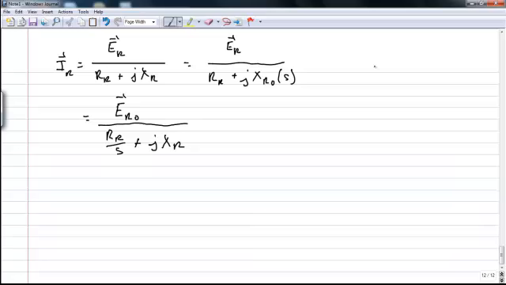Here I have E_R equal to S E_R0. So if I want to write E_R0 in the numerator, I need to divide by S, and then I need to do the same thing in the denominator.